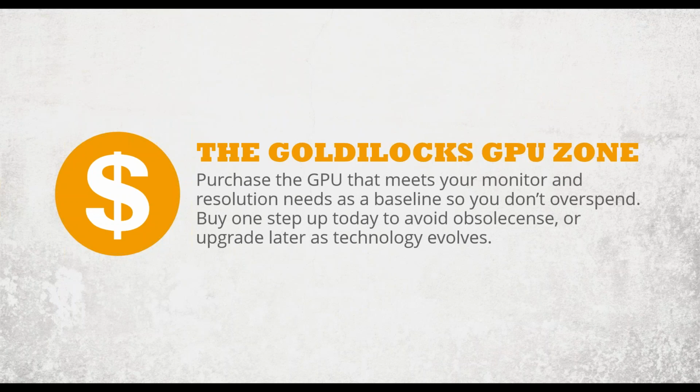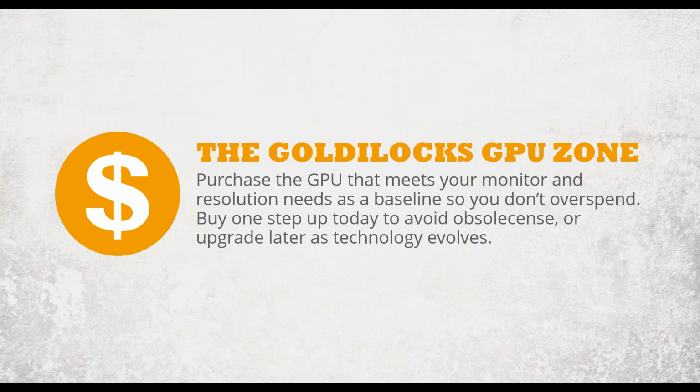What I would recommend that anybody do is to try and find the Goldilocks zone for your GPU requirements. So purchase the GPU that is going to meet your monitor and resolution needs for the next several years out. So will that be 4K? Will it not be 4K? That establishes a baseline so that you get the right GPU rather than overkill or overspending.